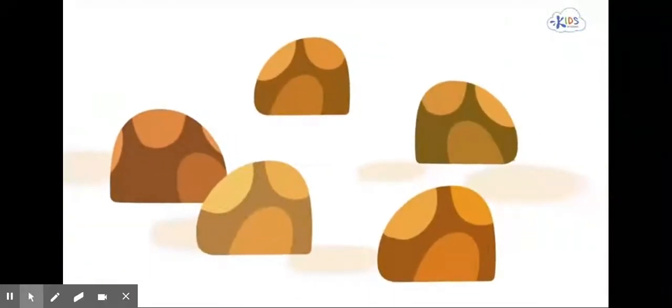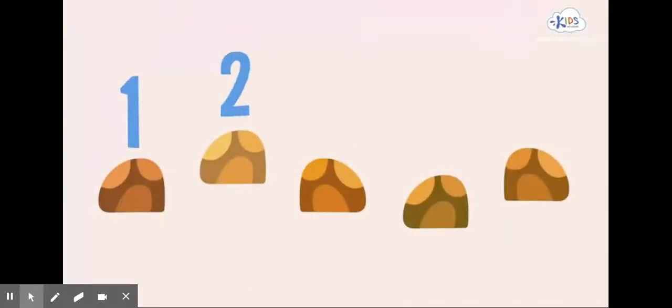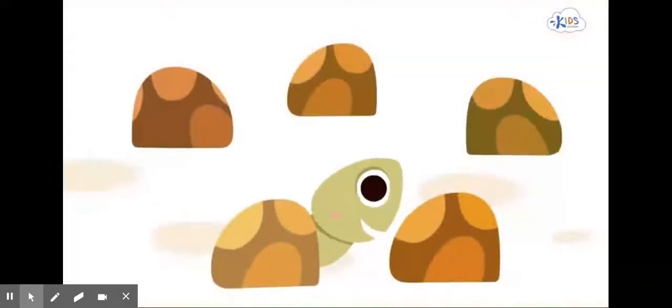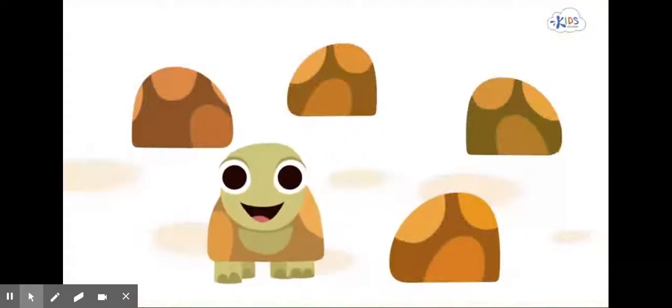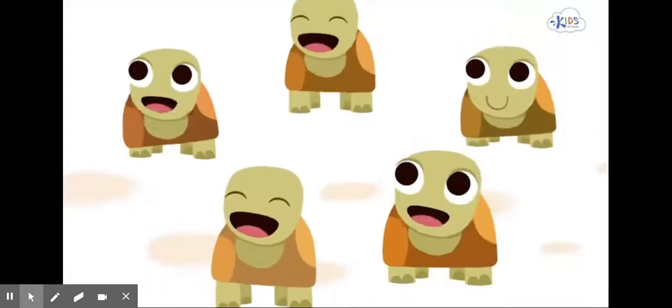Well, then let's count these stones. They lie still. 1, 2, 3, 4, 5. Wow, they are alive. It's turtles. They are hungry.